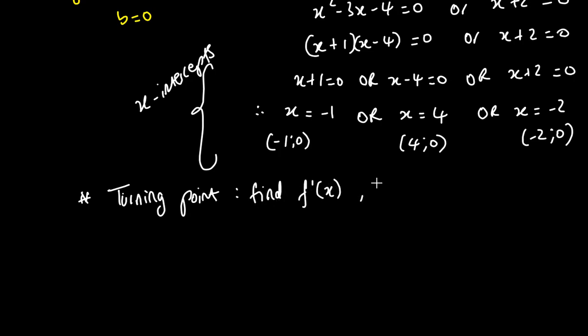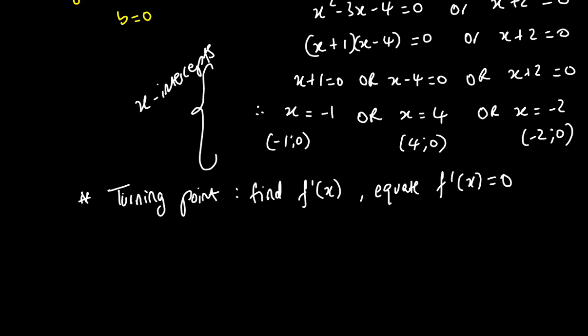Then after that, you equate that derivative to 0, then you solve for x. Once you solve for x, you're going to get 2 x values. Those 2 x values will be at 2 points. Those 2 points are your turning points.